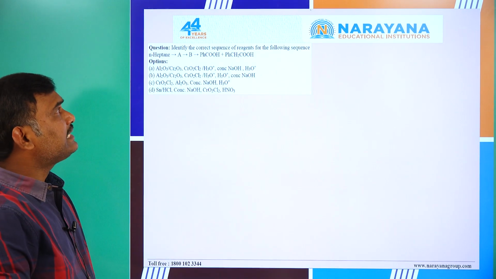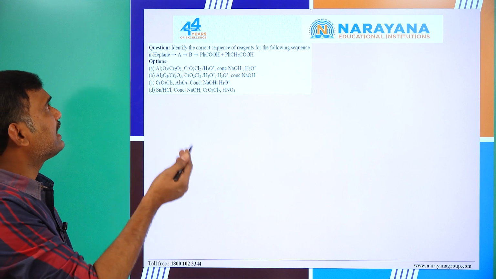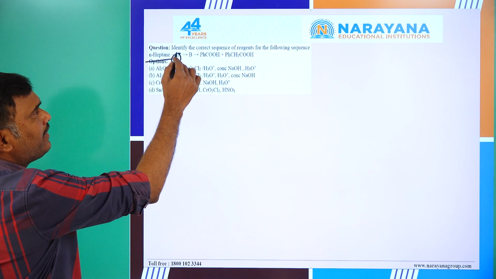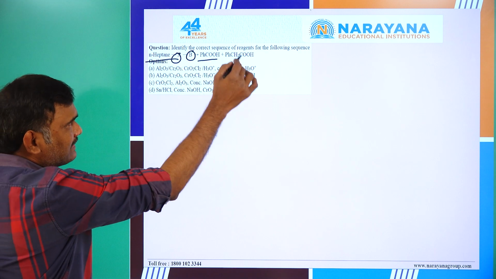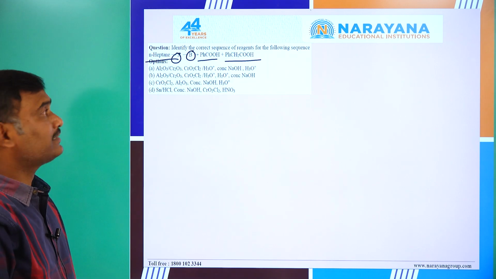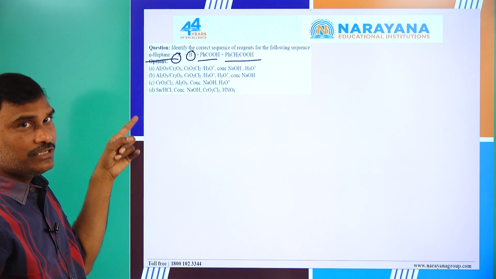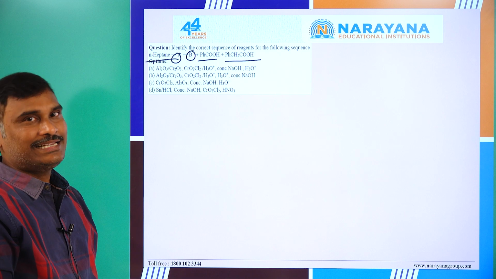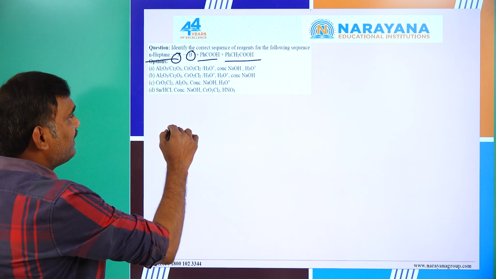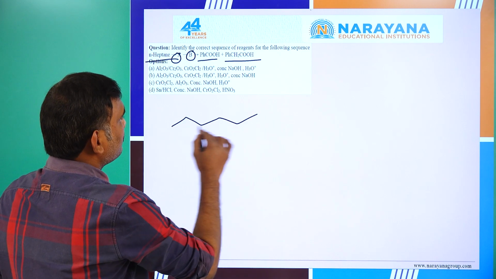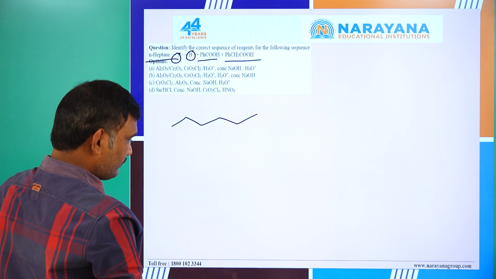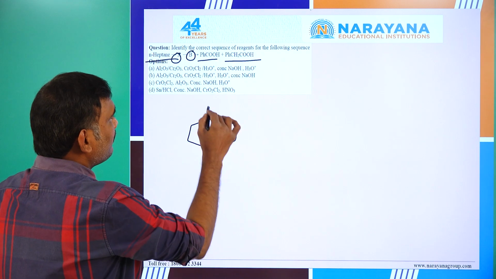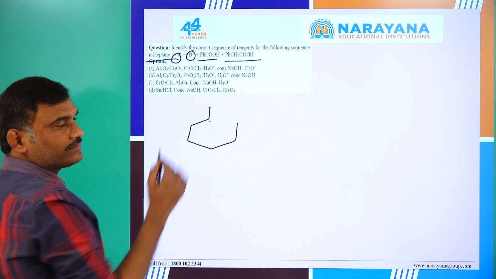Identify the correct sequence of reagents of the following sequence. They have given first N-heptane to A, on giving B, on acid, and that is benzoic acid. That means the given options, if you observe, Al2O3, Cr2O3, that means they are aromatization or reforming. N-heptane has 7 carbons, 1, 2, 3, 4, 5, 6, 7.